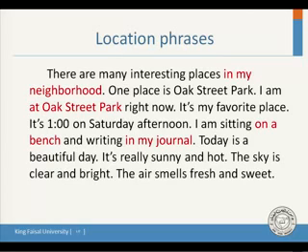Now, again, the same slides, the same text. Look at the location phrases. They are highlighted in red. In my neighborhood, at Oak Street Park, on a bench, like a chair in a park, in my journal, in my notebook, in my book.